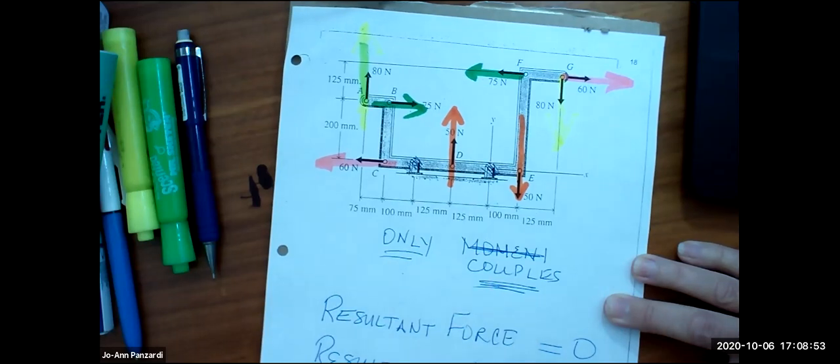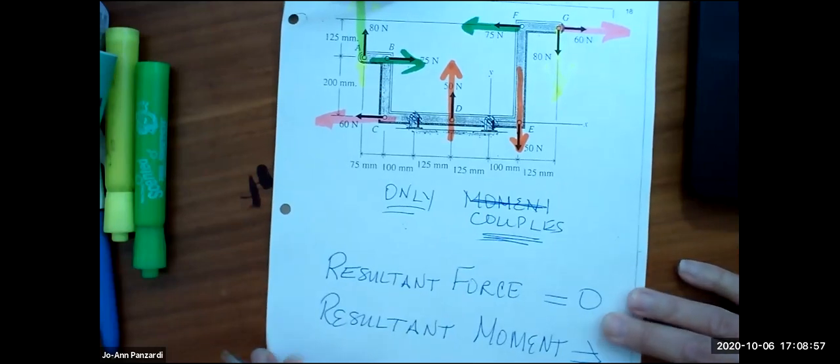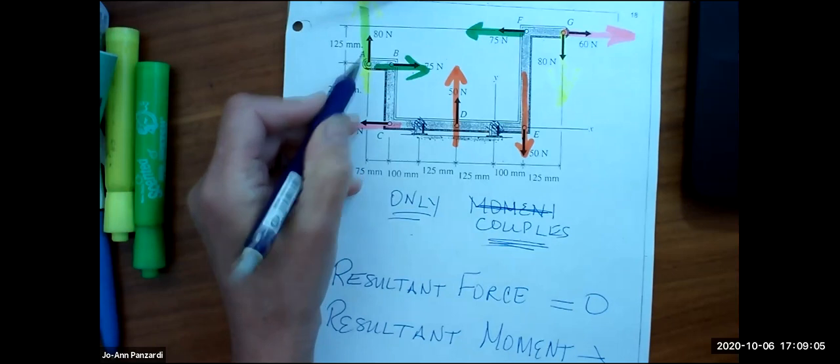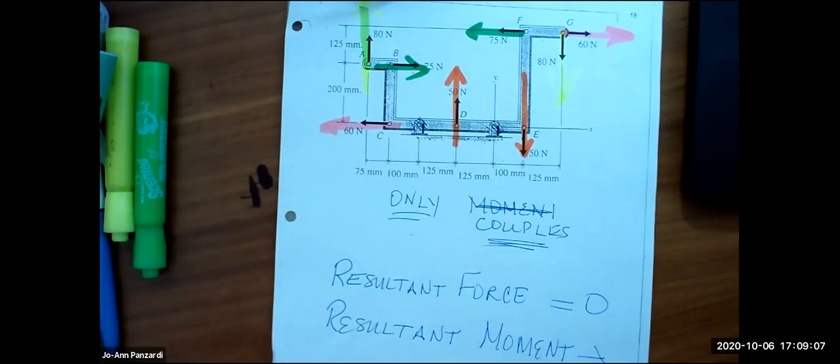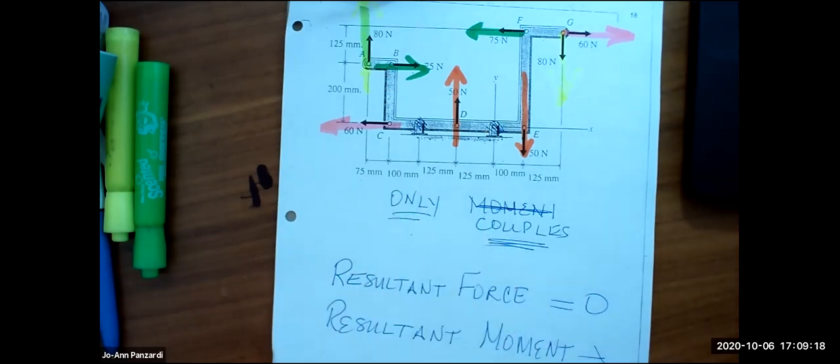Let's find out the moment that's created by this system. So Hyoji, let's look at the 80. So the moment is equal to 80 times, what's the perpendicular distance between the 80s?